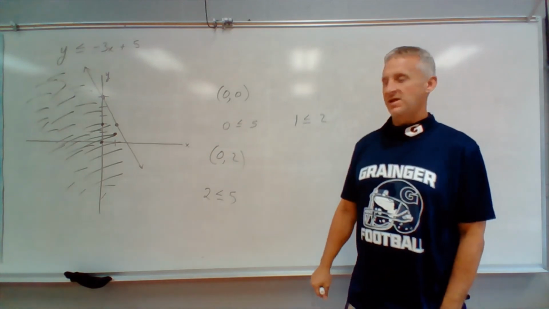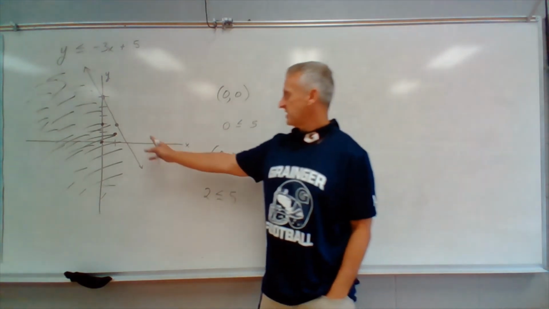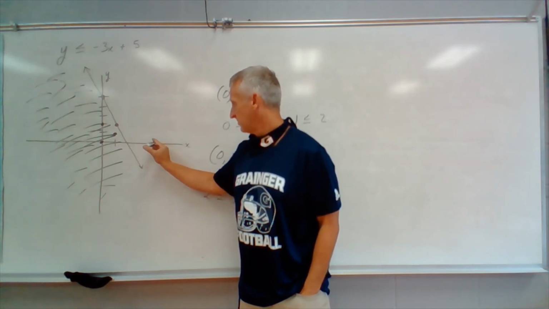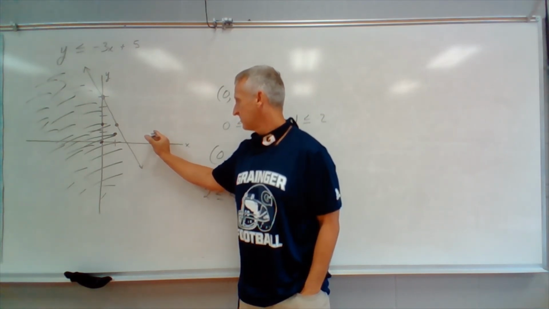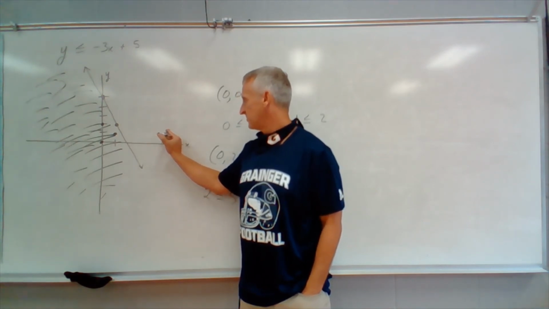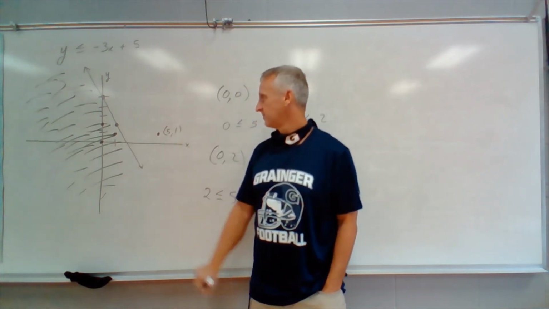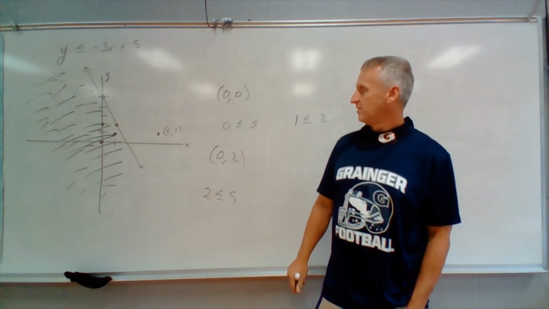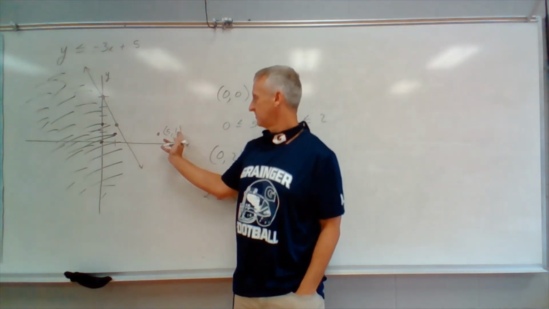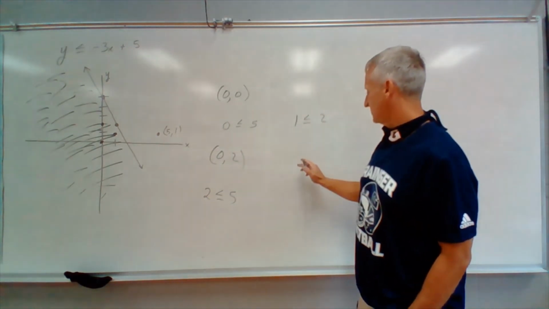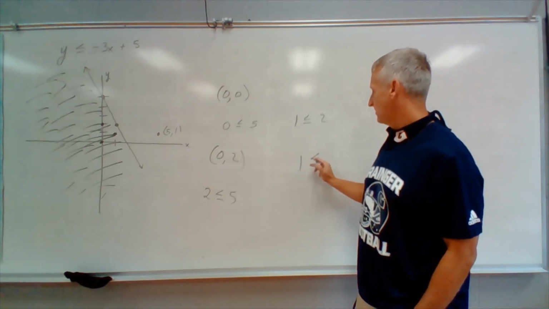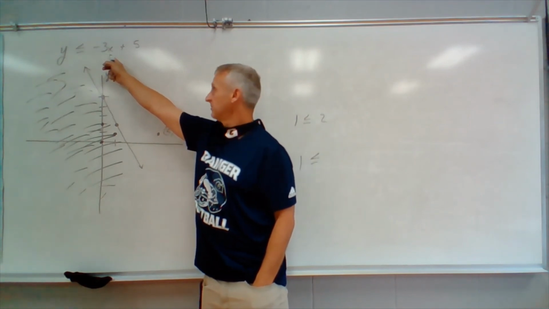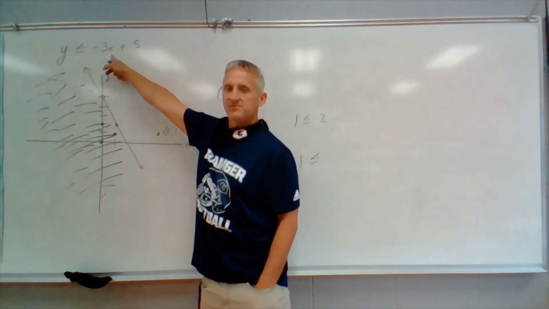Let's just check a point over here and see if it works. So let's pick maybe this point right here. Let's say that this point is 5, 1, and let's see if 5, 1 is a solution to that inequality. I'm going to put a 5 in for the x and a 1 in for the y. Negative 3 times 5 is negative 15, plus 5 is negative 10.